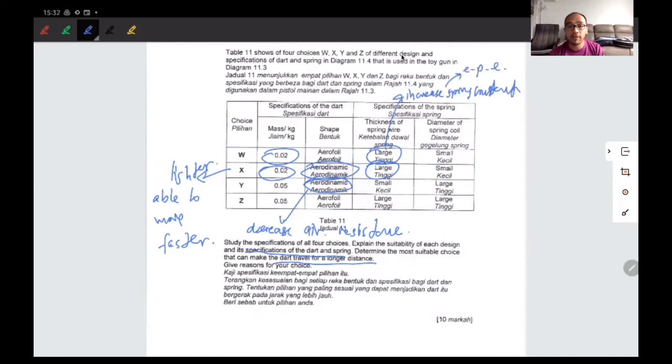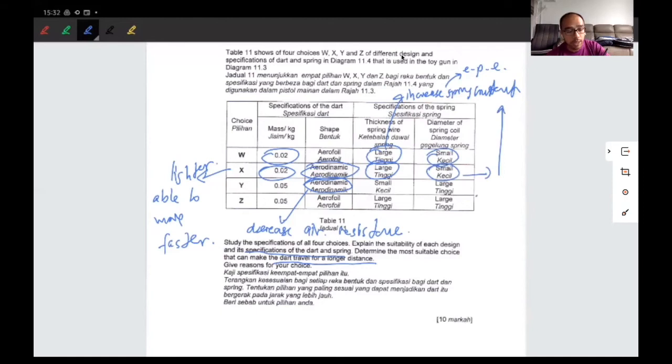Either one is fine. The diameter of the spring coil should be small, because we want the same thing, to increase the spring constant or the elastic potential energy.